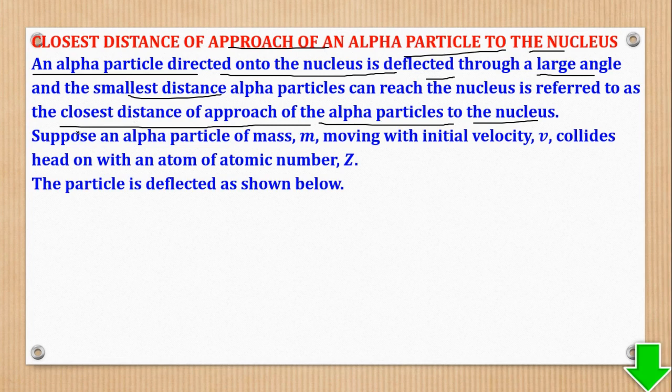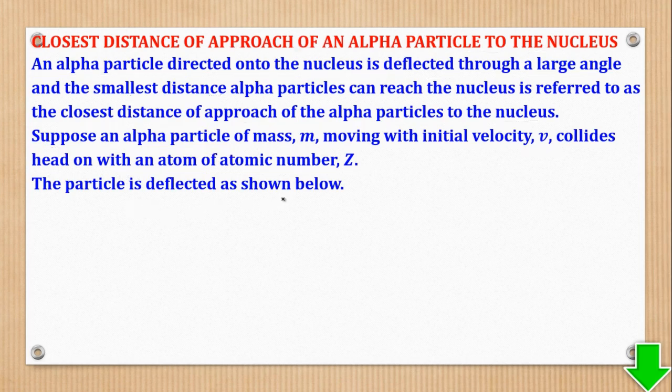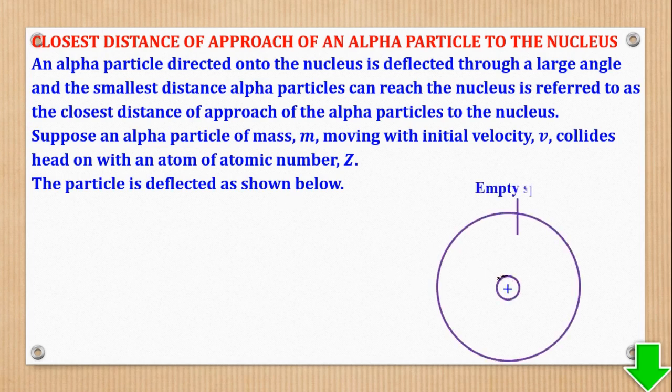So we need to illustrate this. We shall suppose an alpha particle of mass m moving with an initial velocity v collides head-on with an atom of atomic number Z. The particle is deflected as shown below. So we shall try to illustrate that. This will be the atom and this is the nucleus.